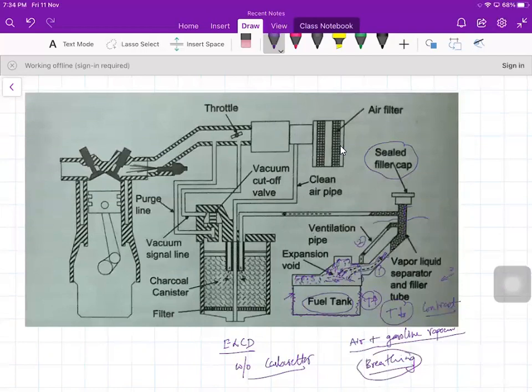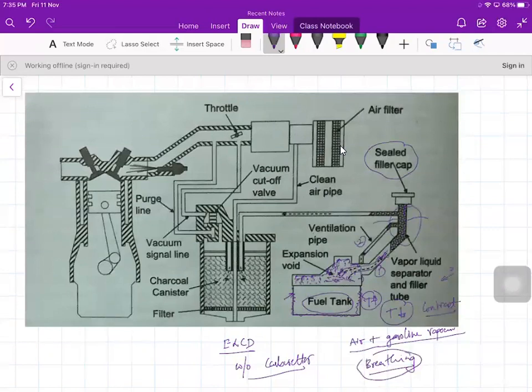So once it goes to this part, that is your vapor liquid separator and filler tube, here it gets separated. Okay, so this is how your fuel tank will be contributing to evaporative loss.